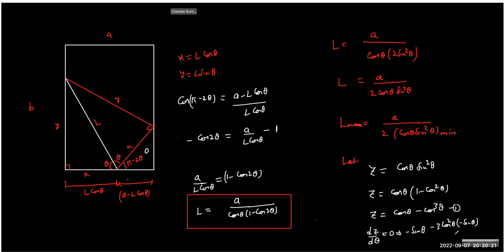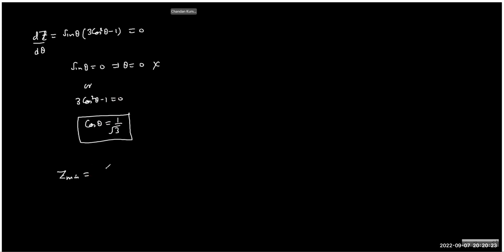Cos θ into 1 minus cos. So the L max will be A by Z minimum, and assume this is Z minimum only.